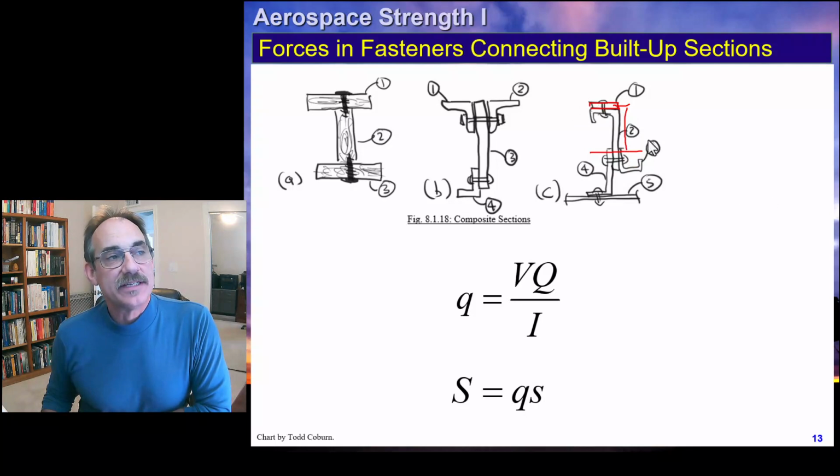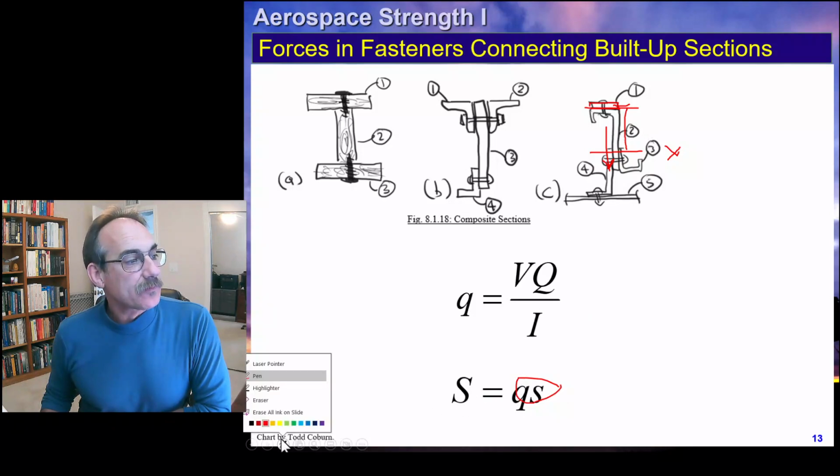That area times this distance goes into our Q equation. The total shear on the section over the total moment of inertia about that x centroidal axis times the Q of that little piece will give us the shear flow acting right on this line here. And if we multiply by the spacing of those fasteners going into the page, that tells us the shear force.